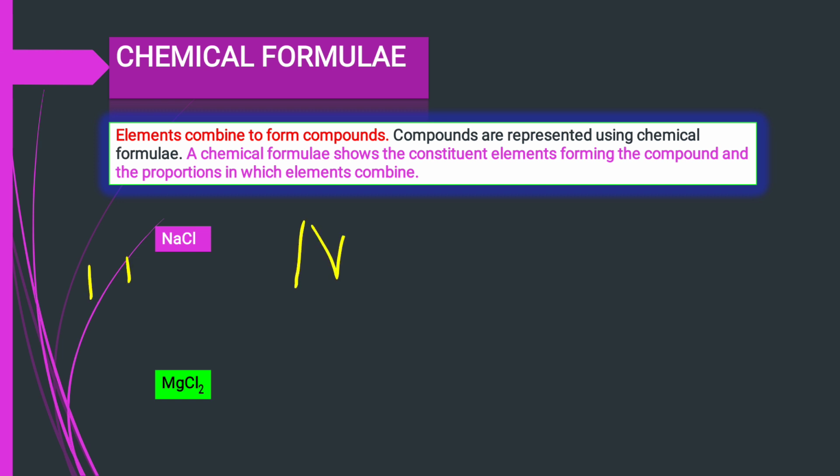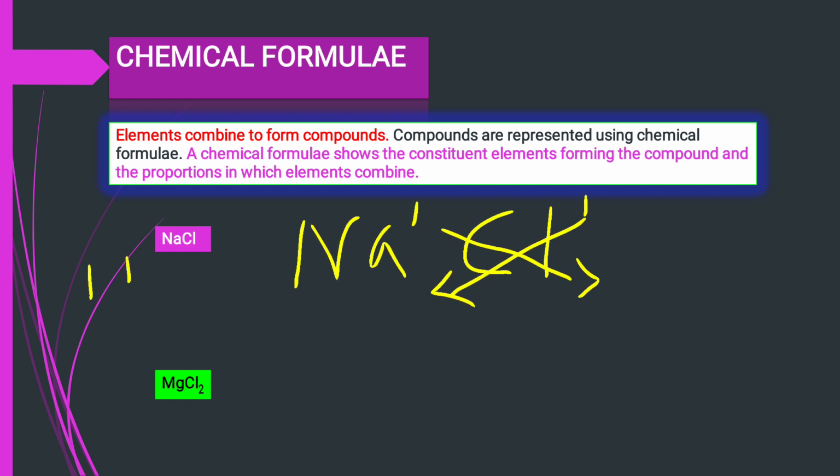So we write sodium, that is its chemical formula, and then chlorine there, and then on top of them, the superscript, we write their valencies. After we've done that, we interchange these valencies so that now the valency that was in sodium is taken as a subscript for chlorine, and then the valency which was the superscript for chlorine is taken to sodium.